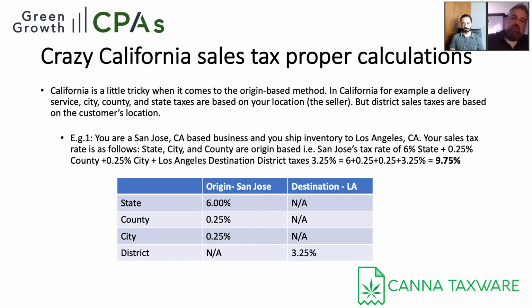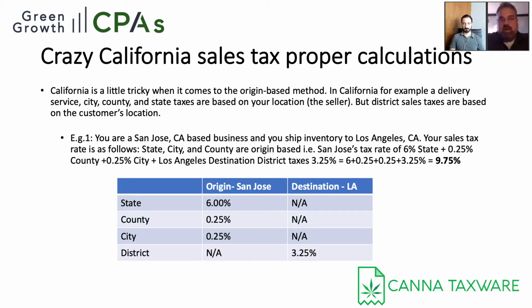That order is going to be fulfilled from San Jose, by a driver or some kind of delivery method to the guy down in Los Angeles. So on top of the state sales tax, she's going to charge the San Jose county and district tax. Then, since the product is shipping to John in Los Angeles, Jane is also going to add the Los Angeles district tax.